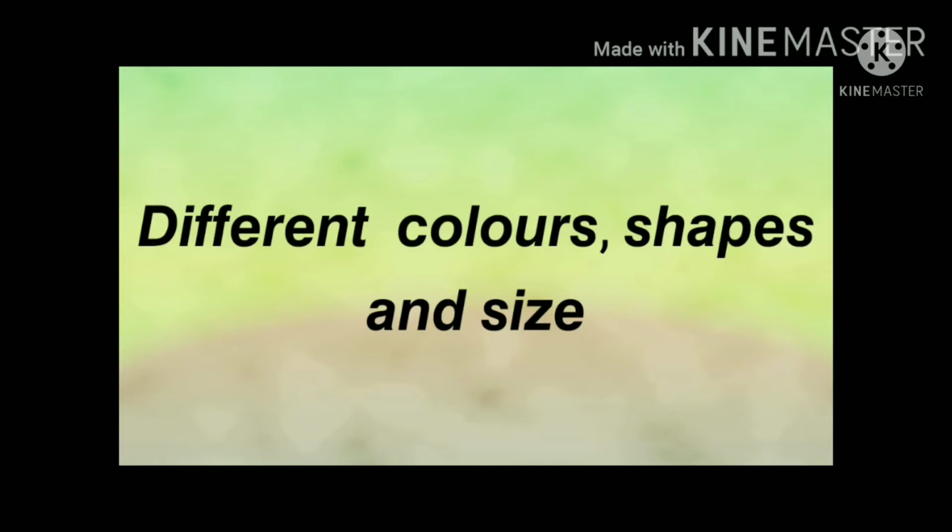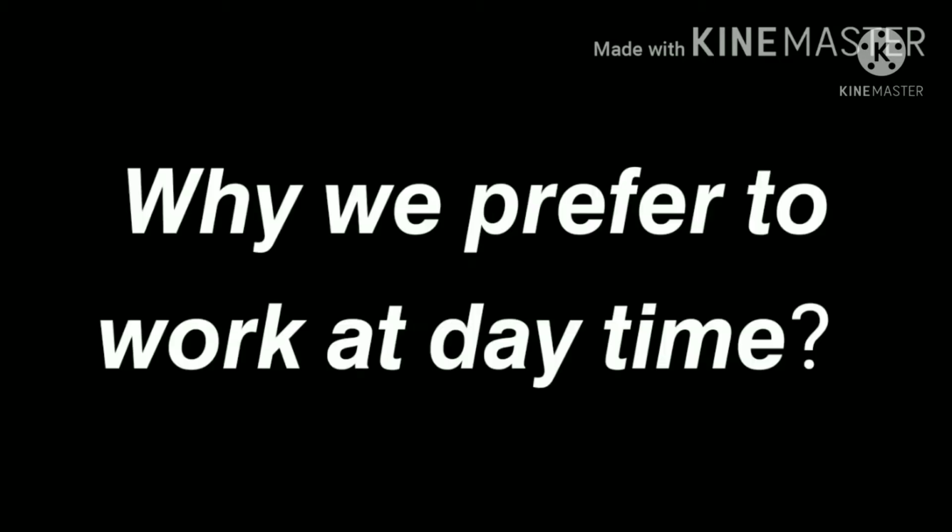Then why do we not engage in regular activities during night and prefer to sleep? It is when our eyes are closed or when it is dark that we cannot see the things surrounding us, isn't it?